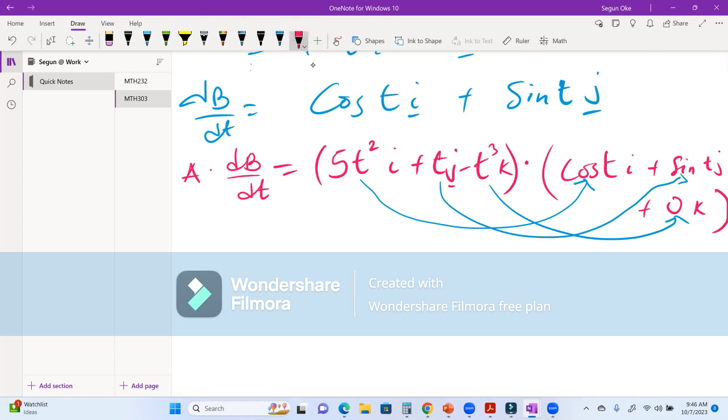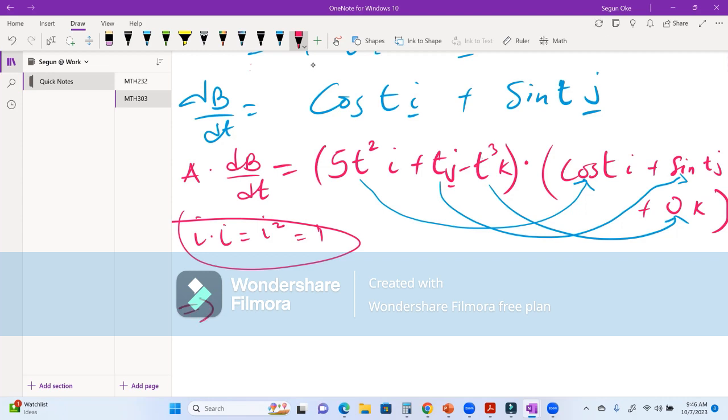That is what we need to do. Anytime you have i dot i, remember that i dot i is i squared, which is equal to 1. That is why we don't have i again when you do the dot product.